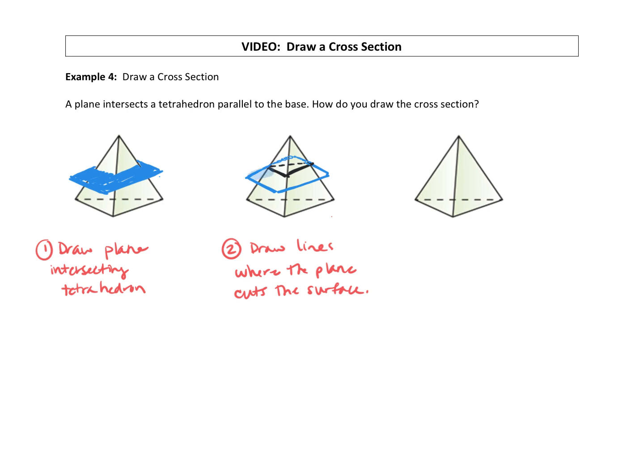So here's our plane. And then back here it's blue and we can see where it's hitting the tetrahedron. And the last thing we're going to do is shade the cross section. So this is the cross section, by the way. The solid lines that we drew in, that is the cross section.